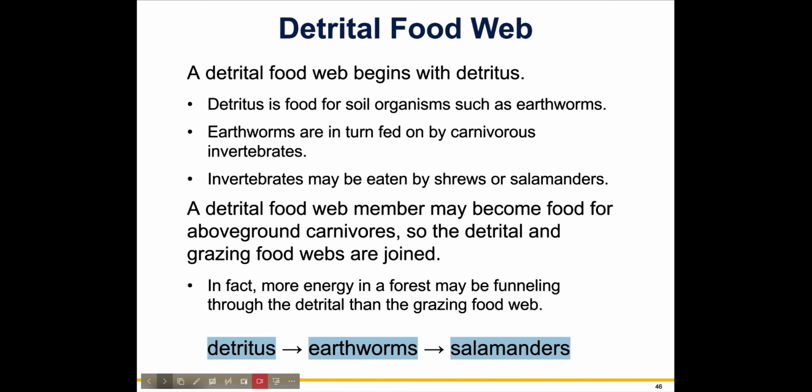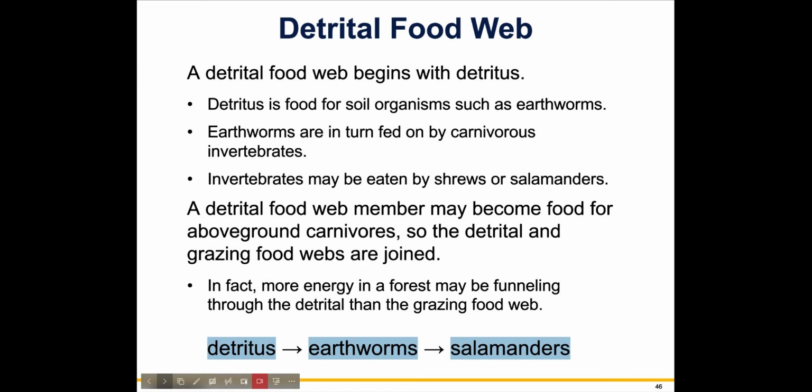Our detrital food web, again, begins with detritus. So we're going to have bacteria, fungus, earthworms. And then earthworms, for example, can be eaten by above ground insects. We could also have something like a shrew, like a little mouse or a salamander, that could eat some of these funguses or bacteria or insects.